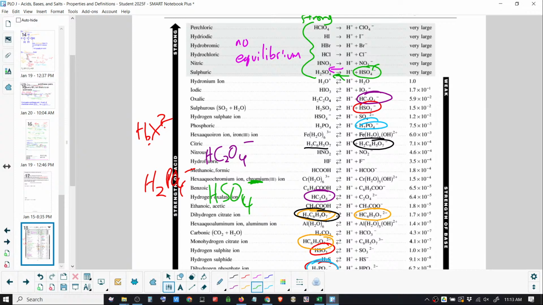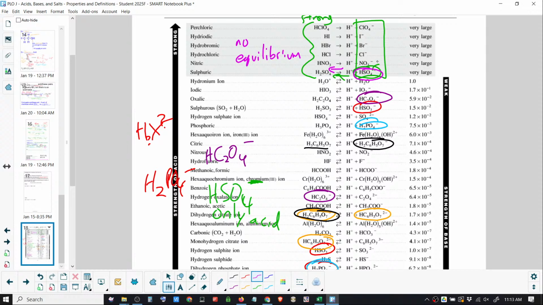It can never go the other way, so this is only an acid. If it's in the gray, it can't. And that's the only one that would fool you, that looks amphiprotic, and you think it should be able to do both. No, it can only be an acid.